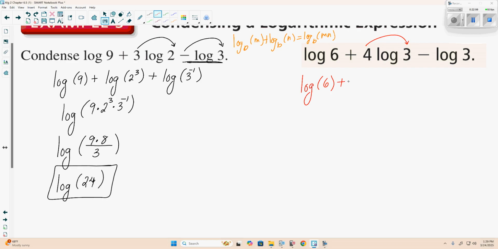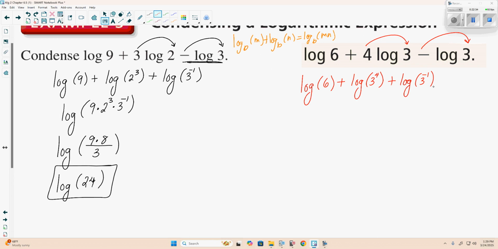Well, we can move the 4 back to being an exponent. So it just gives us plus log of 3 to the 4th. And the last one, we can move that negative 1, giving us plus log of 3 to the negative 1.